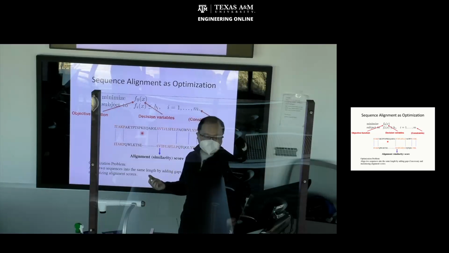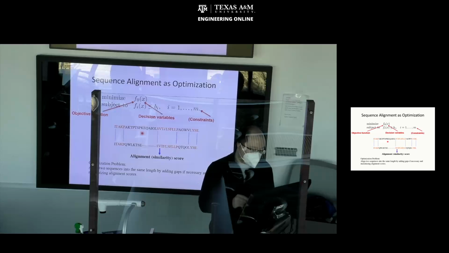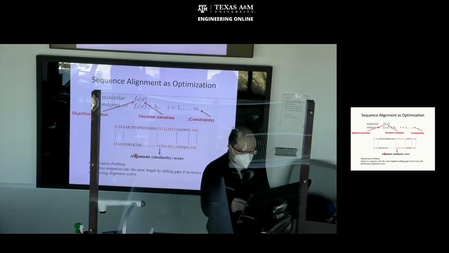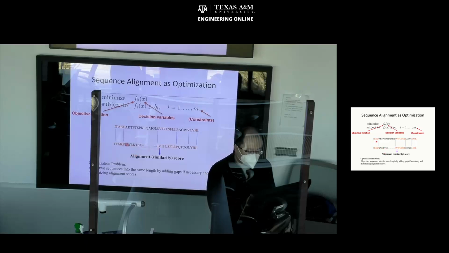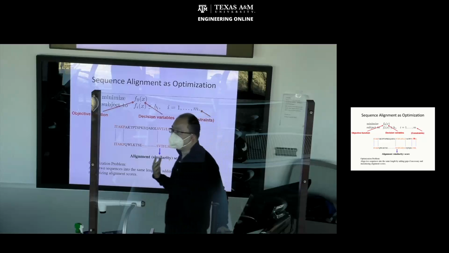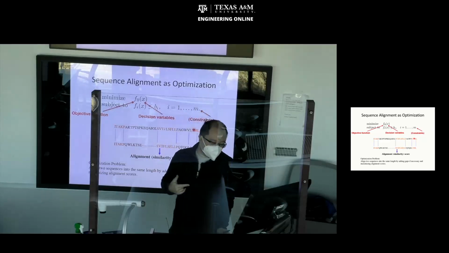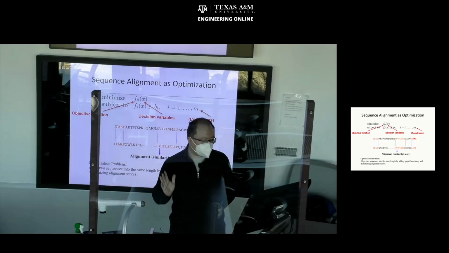So in this simple form, I have 1, 2, 3, 4, 5, the red ones, and then an additional stretch here and an additional stretch here. So the alignment score for this alignment is about 19. So that's the objective function to some extent. So now let me ask you, the problem is already defined.